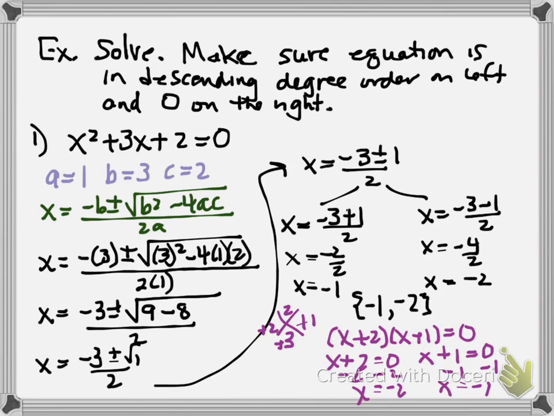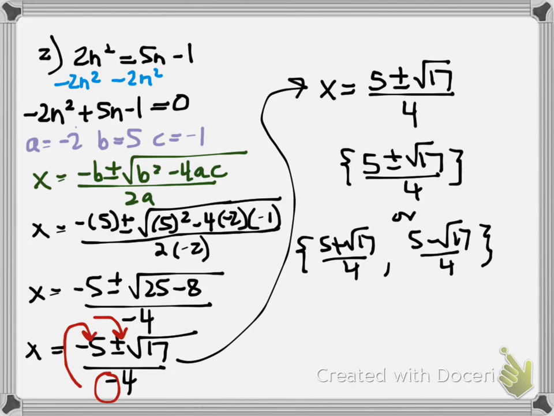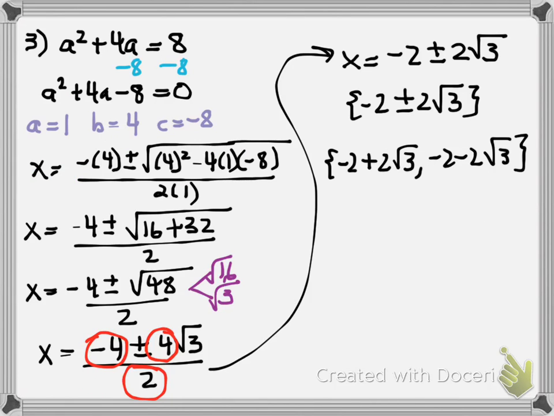On number 1, there are 2 answers. I solved it and I had 2 answers, right? Number 2, there's going to be 2 answers, and we got 2 answers. 3, we have 2 answers. Again, my only focus is what's under the radical sign, b squared minus 4ac. So when I'm looking here, I'm only looking at 48.